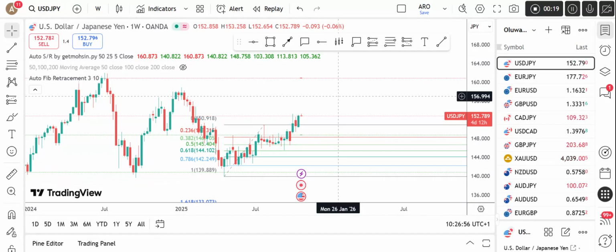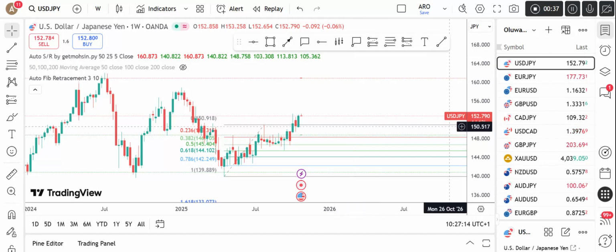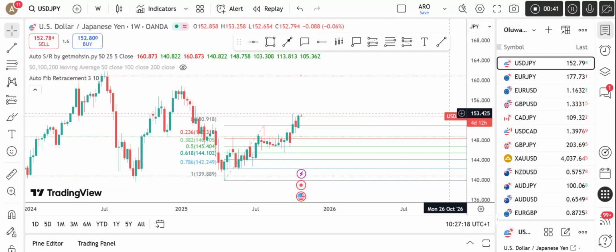So, quick one, and here is my view on USDJPY this week. It's one of my favorite pairs that I used to trade, and I will appreciate it if you don't take this as financial advice.